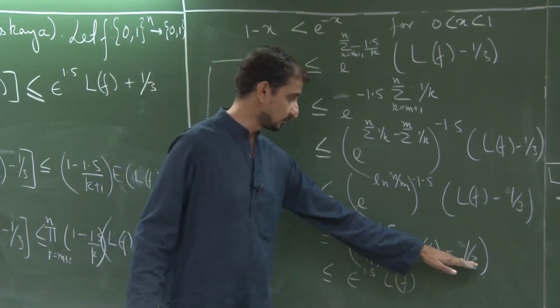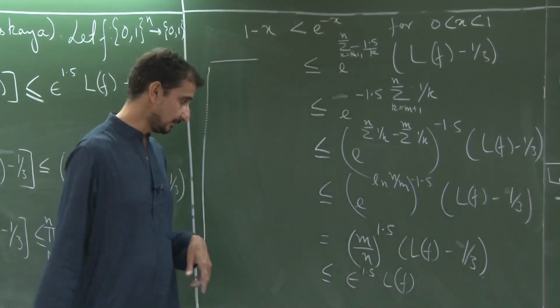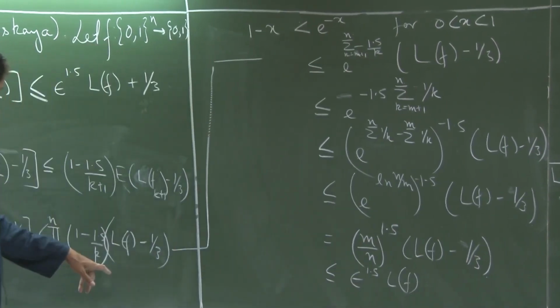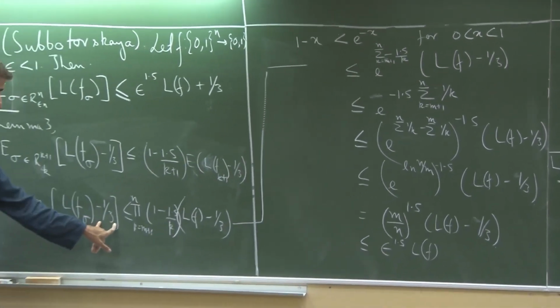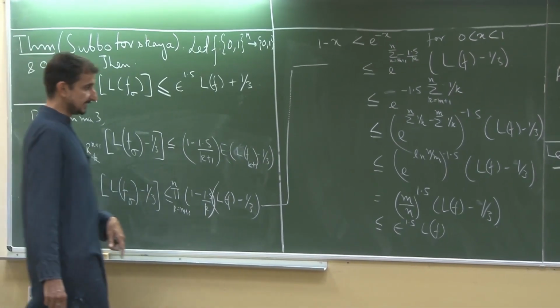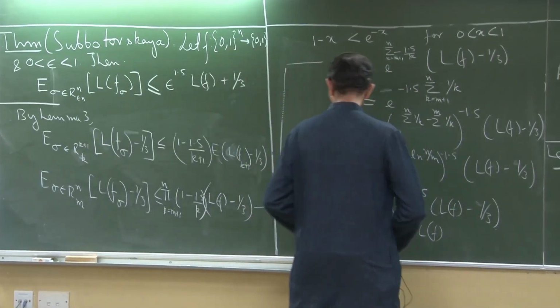L of f minus 1/3 is smaller than L of f, and this 1/3 I can take outside the expectation.